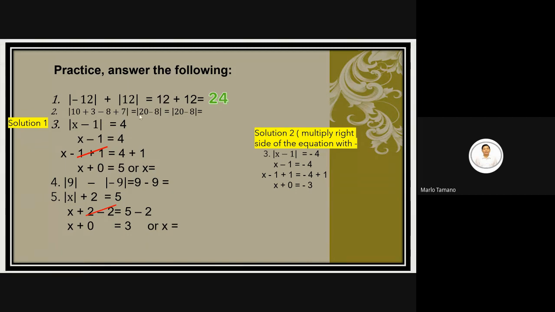Tama po. So ilagay na natin sa kabila, absolute value of 20 minus 8. So 20 minus 8 is, anong sagot? 12. Ang tagal sumagot. So the answer is 12. The absolute value of 12. Anong absolute value ng 12?